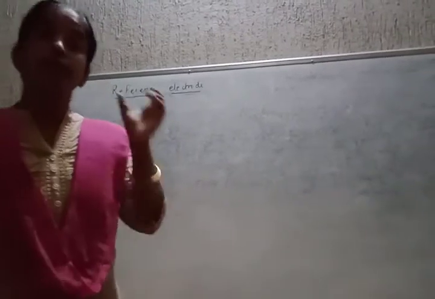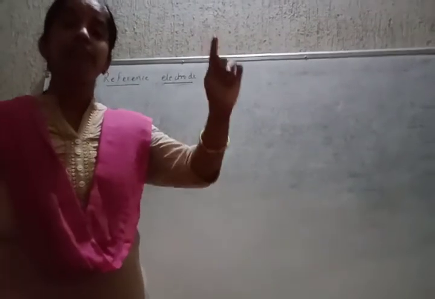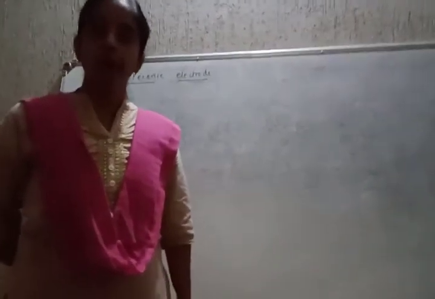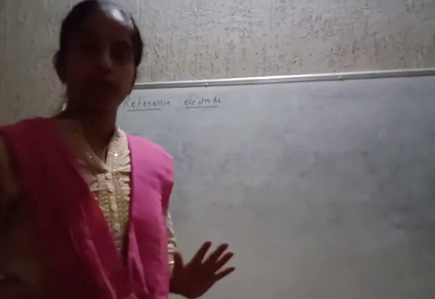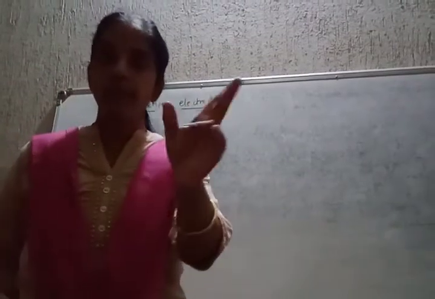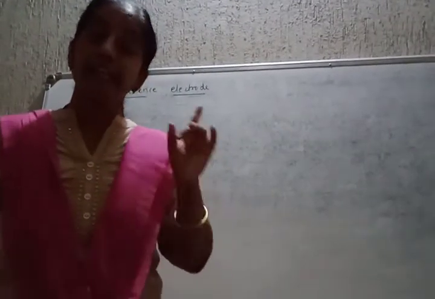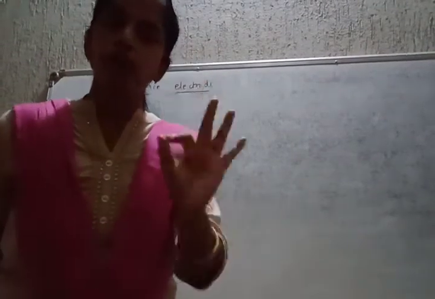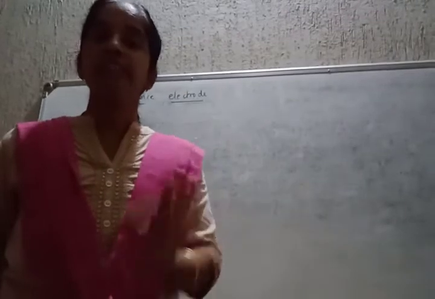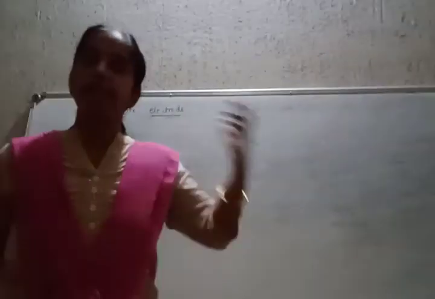Then that particular electrode whose potential is reduced to 0 is called a reference electrode. If one electrode's potential is reduced to 0, then that electrode is called a reference electrode. For practical purposes, the most commonly used electrode is the standard hydrogen electrode. Why so? Which is obtained as follows.